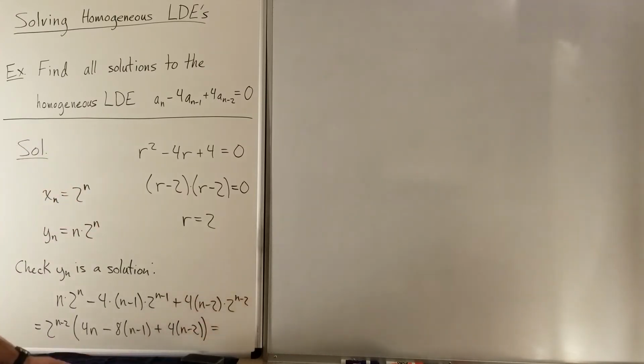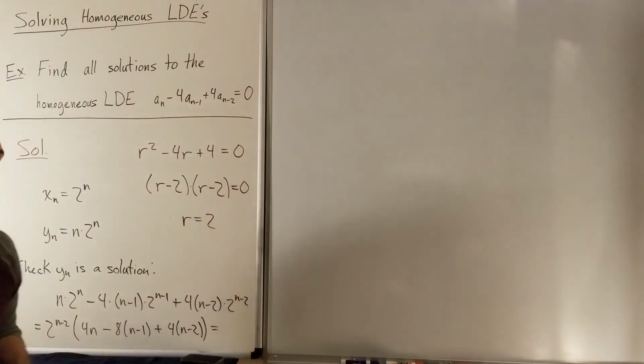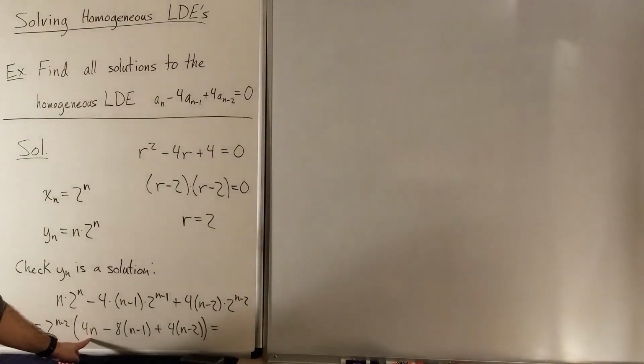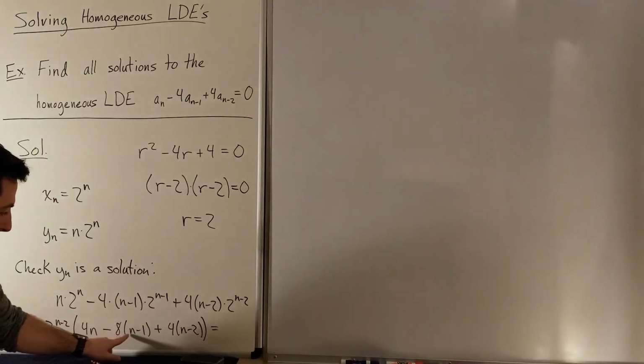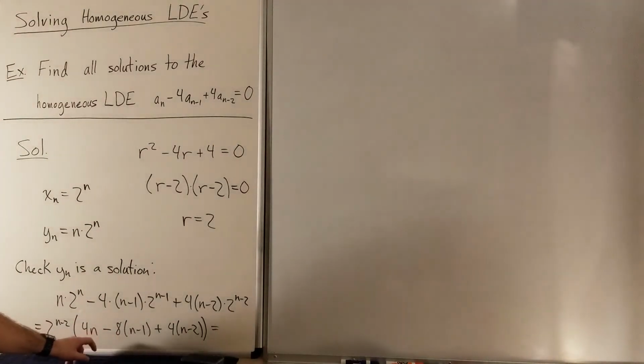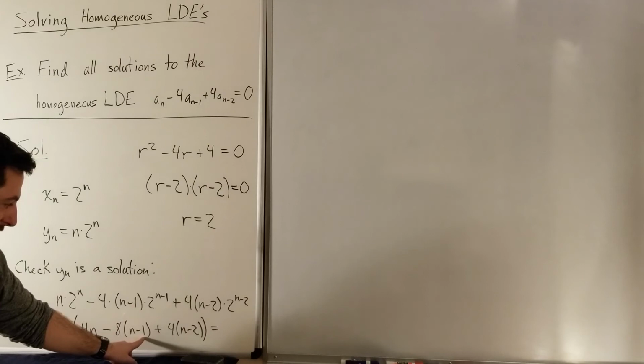So what is this? Well, this is 2 to the n minus 2. That part's not 0, so hopefully this part's 0 so that the whole thing will be equal to 0. And I'll leave it to you to check that everything works out here. Or let's just do this really quickly. I have 4n, 4n, negative 8n. All the n's go away. I have minus 8 times minus 1, which is positive 8.